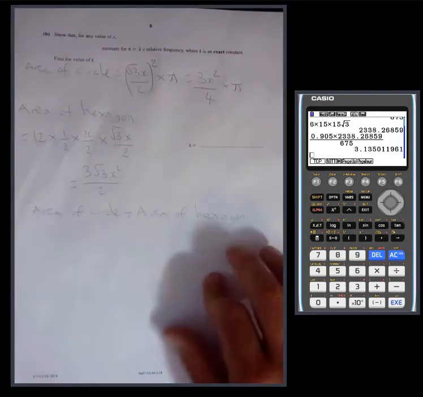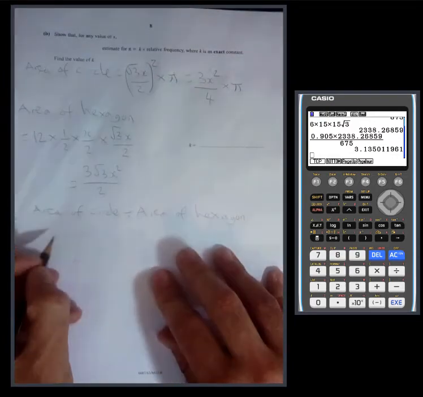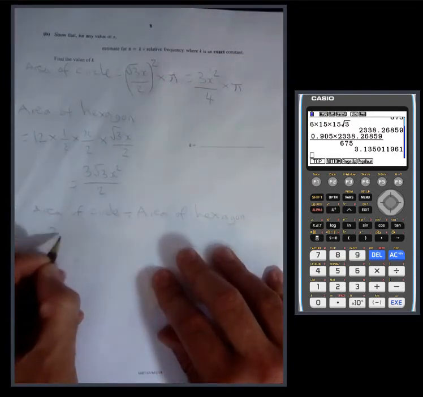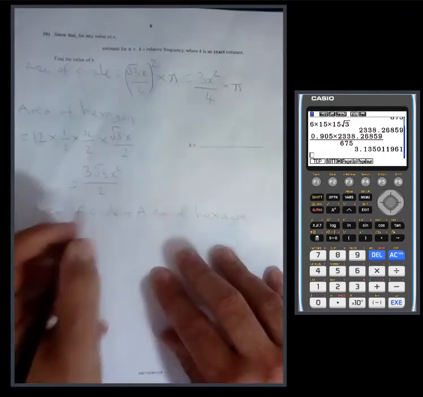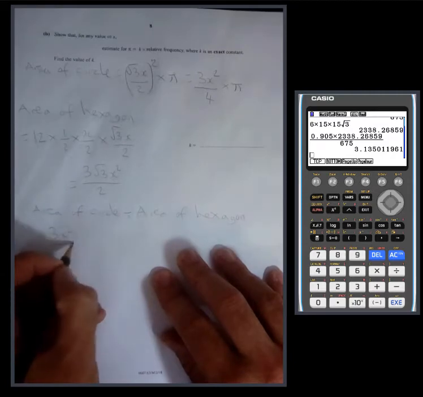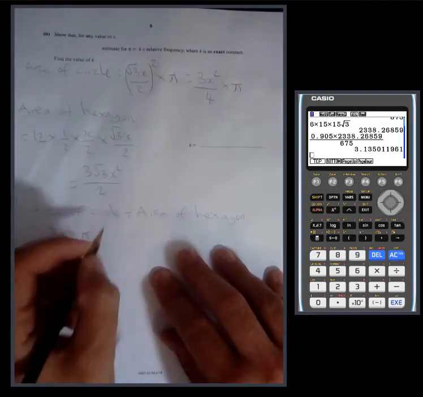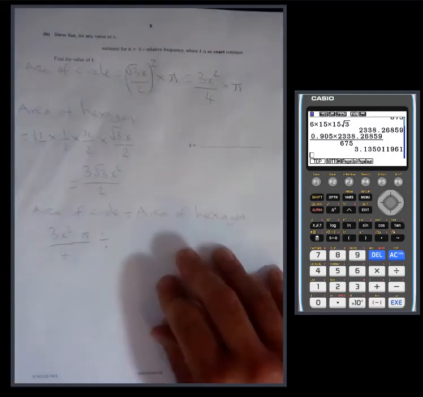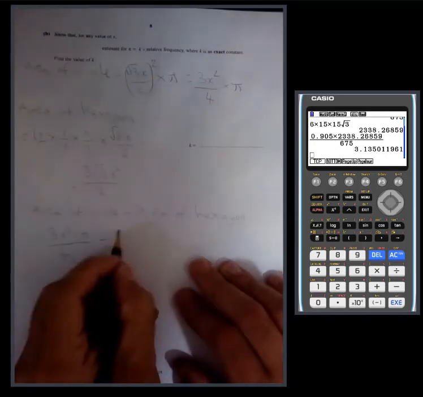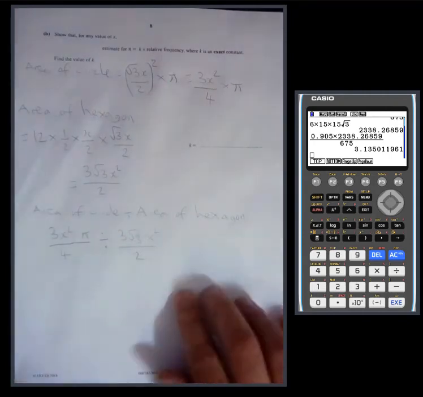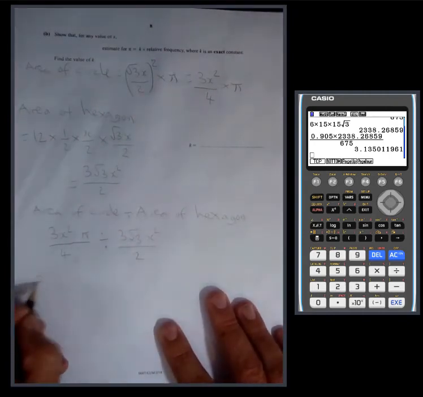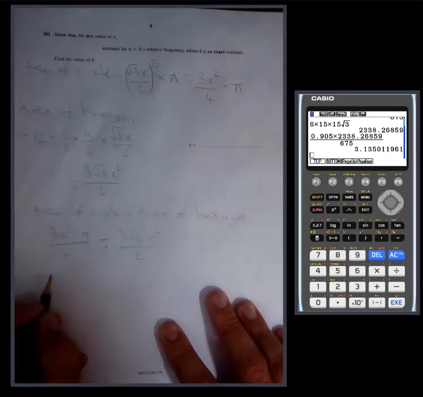So, let's see what we can simplify. It equals 3x squared over 4 pi, I'll keep the pi on top, divided by 3 root 3 x squared over 2. Hopefully you know that to divide by a fraction, you multiply by the reciprocal of the fraction.